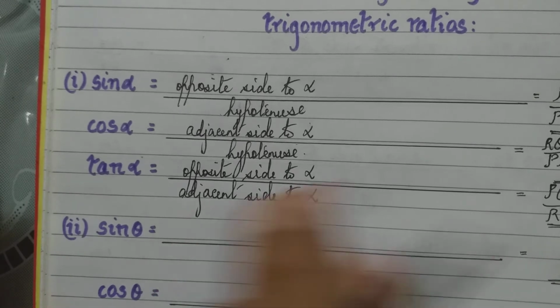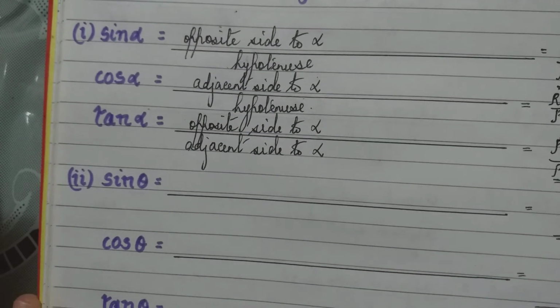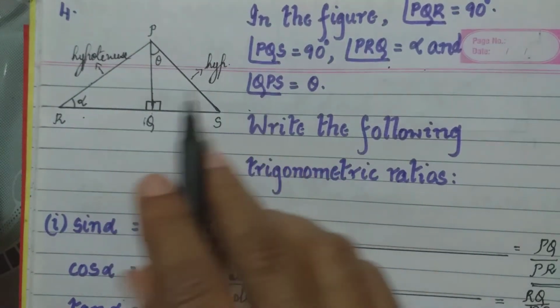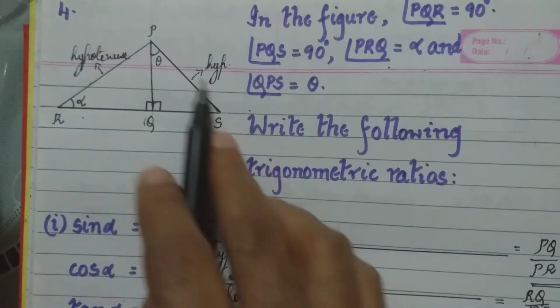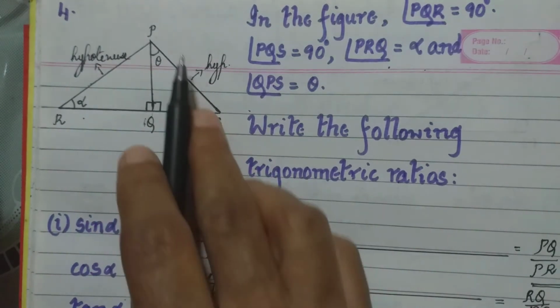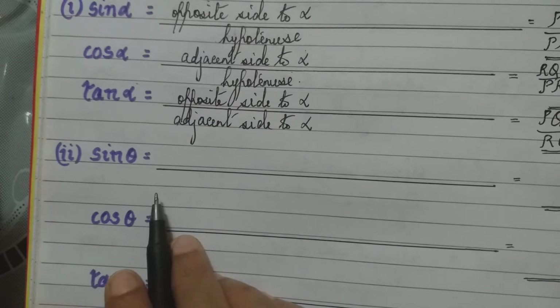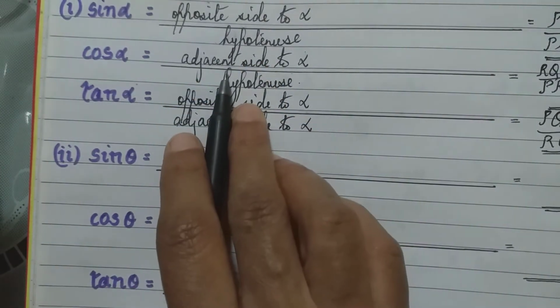Now in the second question, the angle changes, that is theta. That means we are considering the other triangle here, the adjacent triangle, triangle PQS. So now in this triangle PQS, again first let us write the formula. Sin theta will be opposite upon hypotenuse.